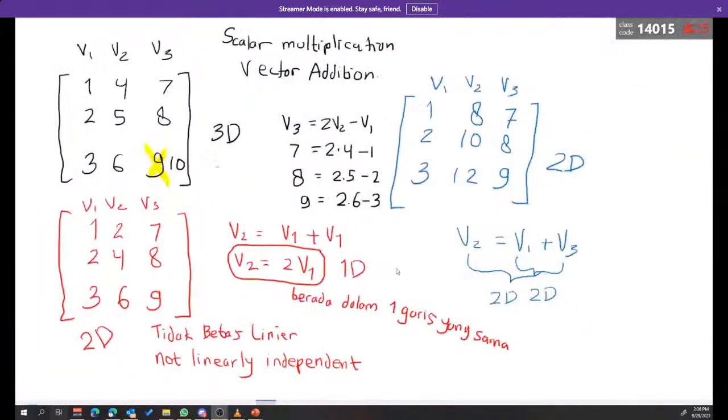Oke, sebagai contoh ini. Atau mungkin saya bikin gambar baru lagi, atau nggak usah deh, biar mempersingkat waktu ya. Saya masuk ke yang warna mana ya? Warna hitam ini dulu deh. Warna hitam ini, let's say we have a set of vectors v1, v2, v3, and we put them as columns.